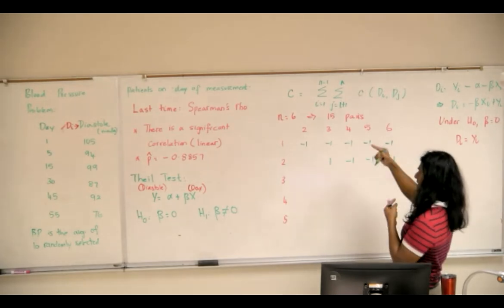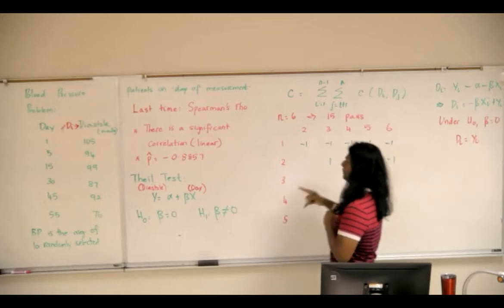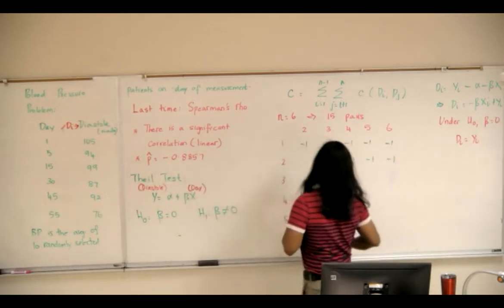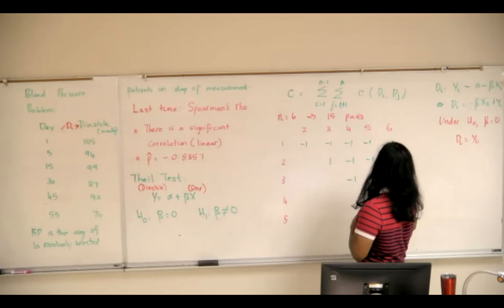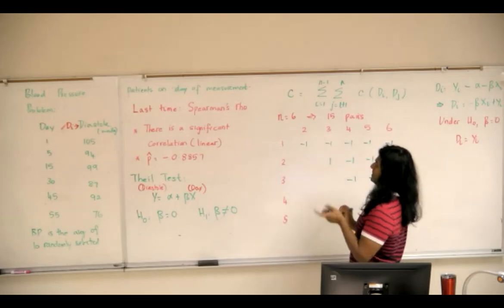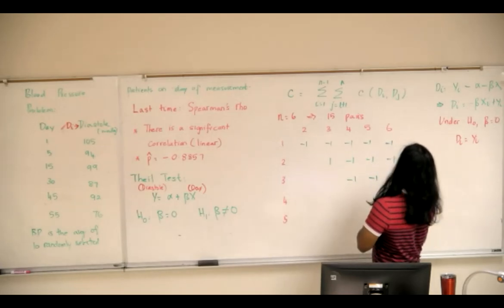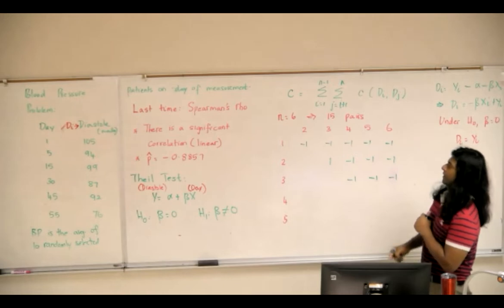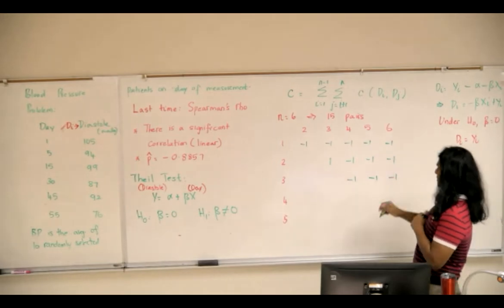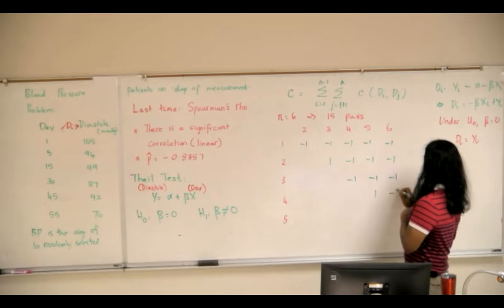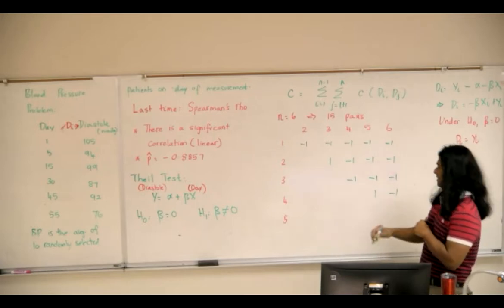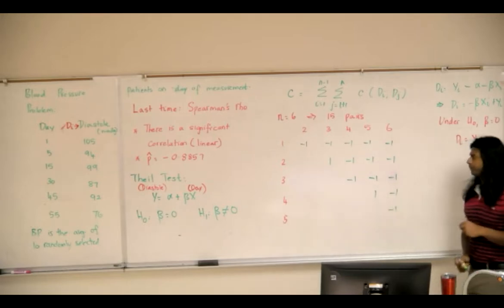And the next, 3 and 4. 87 minus 99, negative number. 92 minus 99, negative number. 76 minus 99, negative number. 4 and 5, 92 minus 87, positive number. 76 minus 81, negative number. Last one, negative. Good.